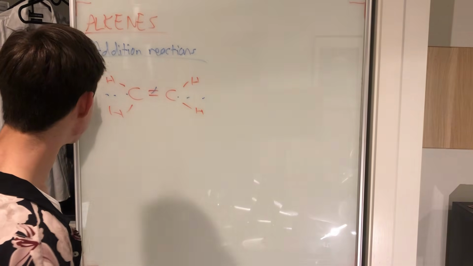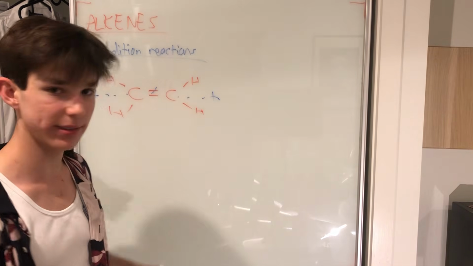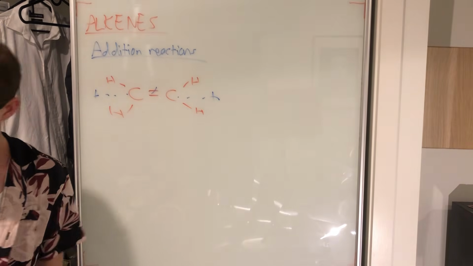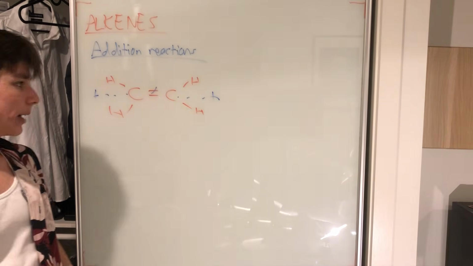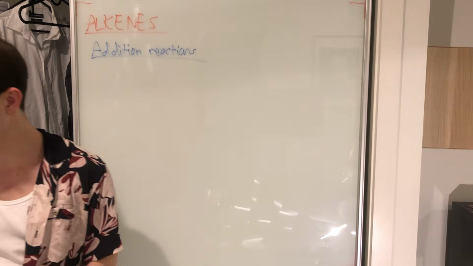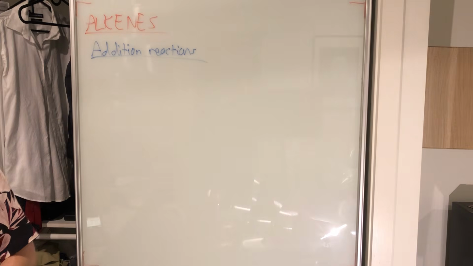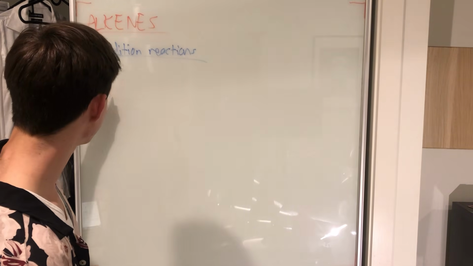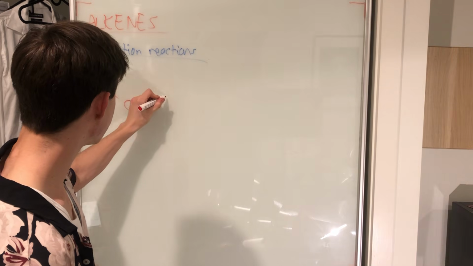We can add in something here, add in something there. That's why we call it addition. There's quite a few different things we can add, and there's all different conditions that apply to each thing we add.